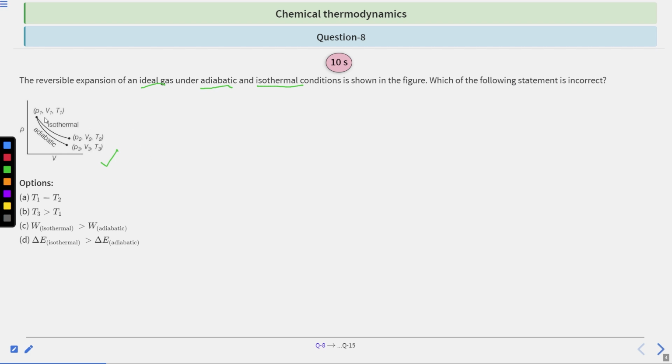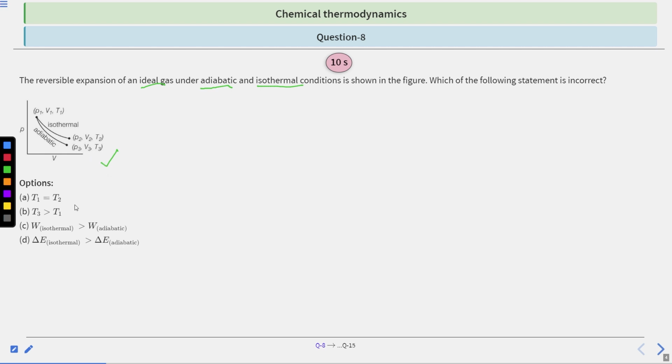We have a diagram here showing the isothermal and adiabatic conditions through which the ideal gas is expanding. At P1, V1 and T1 are the initial pressure, volume and temperature, and P2, V2, T2 and P3, V3, T3 are the final pressure, volume and temperatures for the isothermal and adiabatic processes respectively.